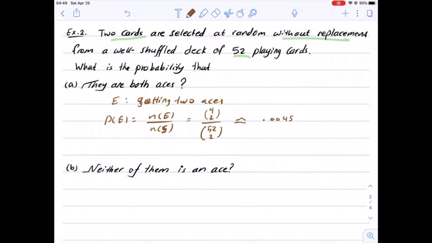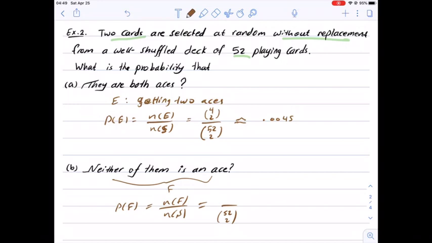Now for part B, neither of them is an ace. What does that mean? This is the event F. The probability of F is the number of outcomes of F over the number of outcomes of the sample space. The sample space is, we choose 2 out of 52 cards. And for the number of outcomes of the event, neither of these 2 selected cards is an ace.